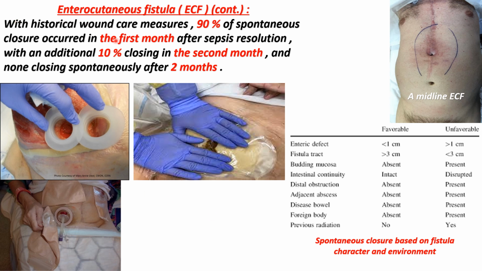With historical wound care measures, 90% of spontaneous closure occurred in the first month after sepsis resolution, with an additional 10% closing in the second month, and none closing spontaneously after 2 months. Spontaneous closure is based on fistula character and environment.